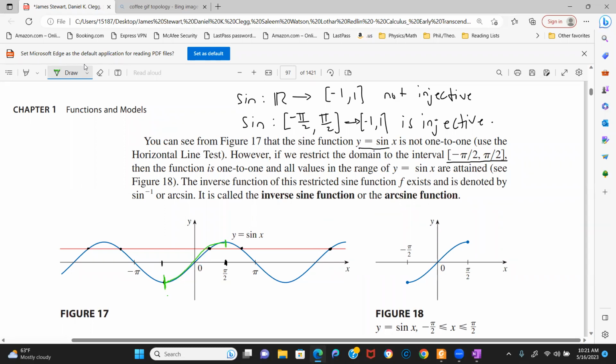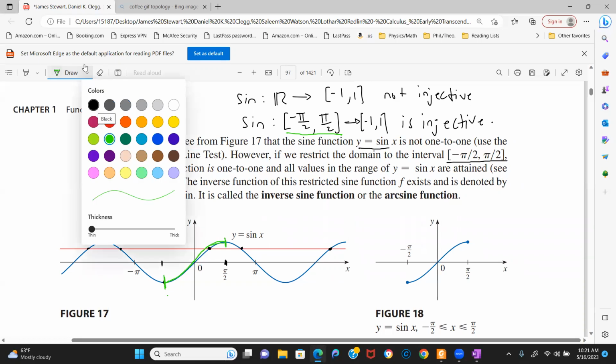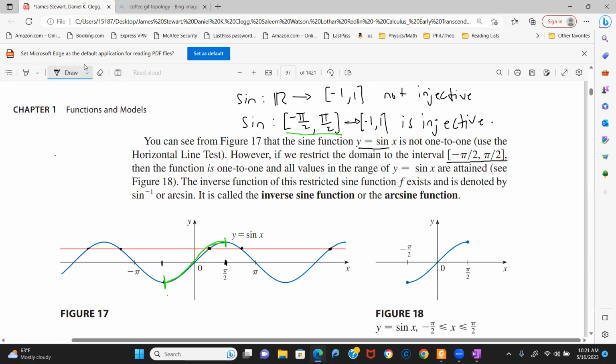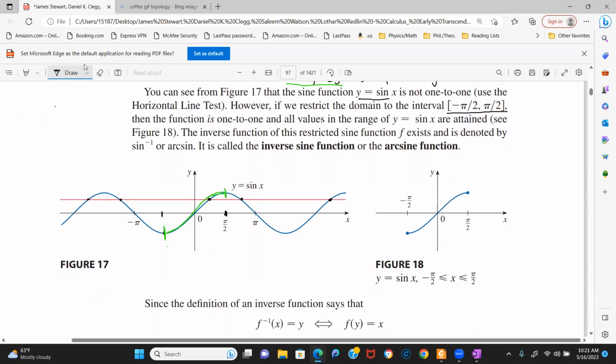And you can see any horizontal line is going to intersect this curve at most one spot. So on this restricted domain you do pass the horizontal line test, and you therefore do have an inverse. This is the graph of sine restricted to this smaller domain, and it definitely passes the horizontal line test.